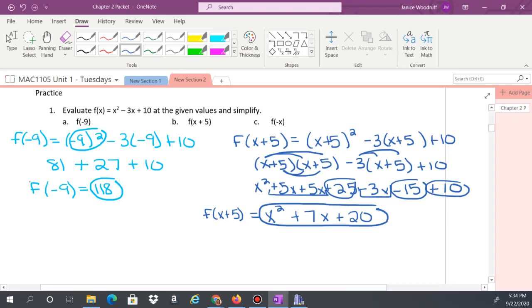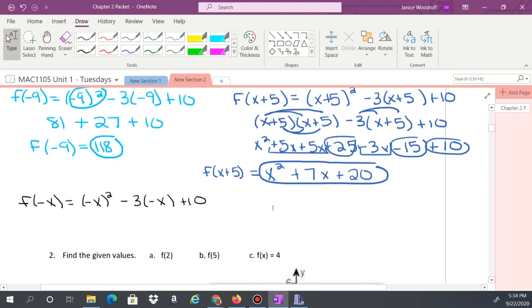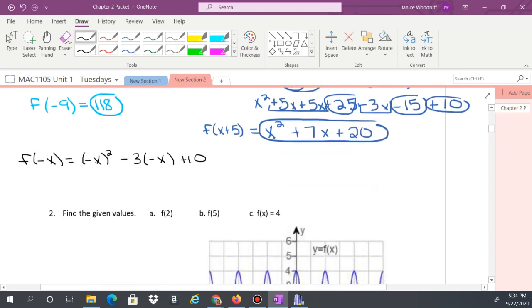And then for C, you have f of -x. We plug that in: -x squared minus 3 times -x plus 10. So -x in parentheses will come out positive, negative times negative, so it's going to be a positive x squared.